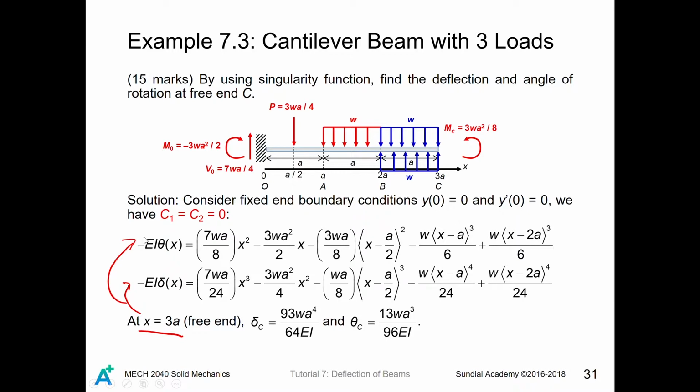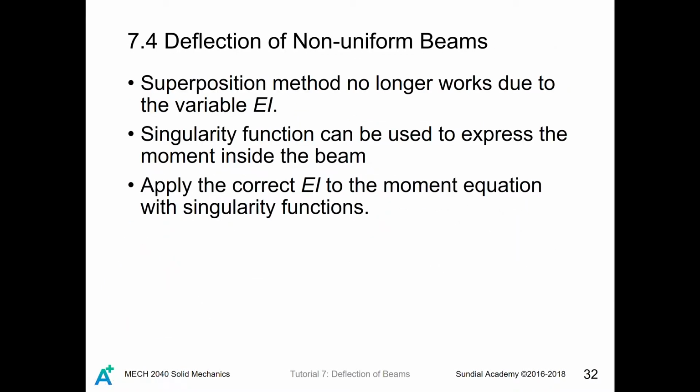So now let's move to the next section about deflection of non-uniform beams. For non-uniform beams, the superposition method does not really work due to the variable EI, because in the superposition table, we found that in every entry of this table, y equals to something over EI times some polynomial, right?